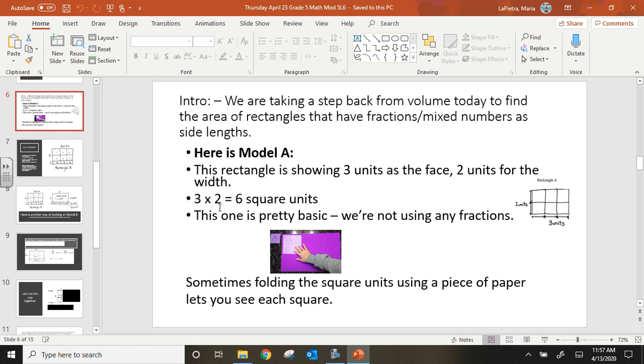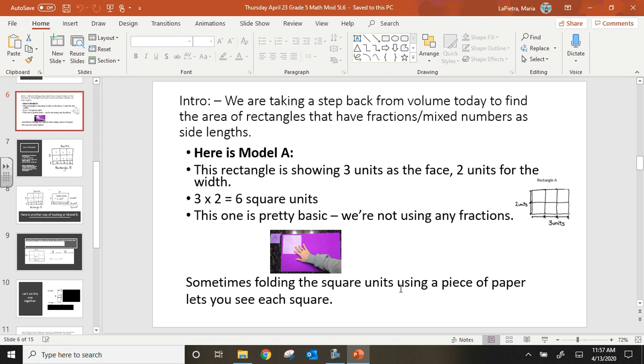So you've got 3 times 2, 6 square units. Remember, a two-dimensional shape is just written flat on the page. You're not holding it in your hand like a three-dimensional figure, like a cube. We're back to area, length times width. This one's pretty basic. You're not multiplying any fractions.